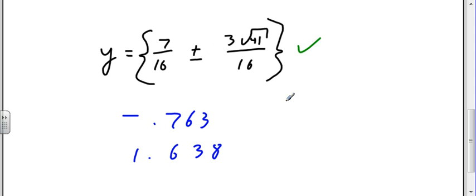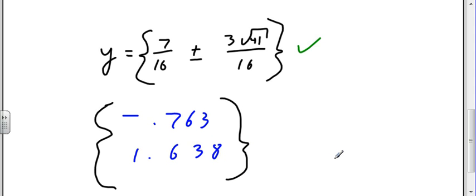So we can use the negative 0.763 or 1.638. Yeah, you could. So that's the issue. This would be perfectly acceptable on a test, that as your answer, or that would be perfectly acceptable. If I got here, I wouldn't go to there. If I put it in my calculator and got that, then I wouldn't try to go back up either.